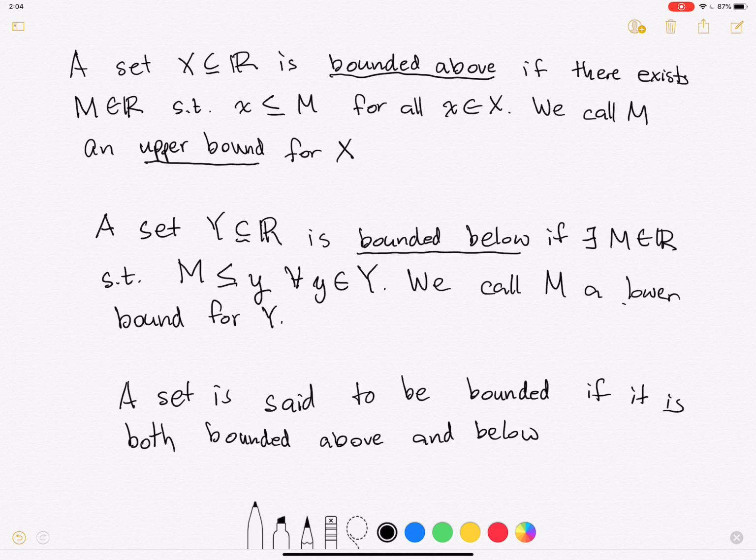So there's a lot of terms here: bounded above, bounded below, upper bounds and lower bounds, and finally bounded.